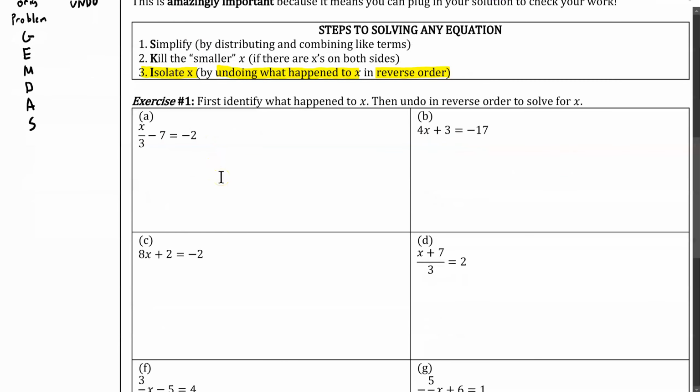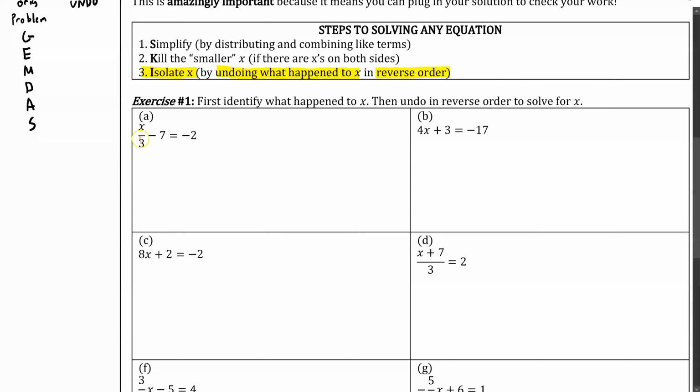So in exercise 1, first identify what happened to x, then undo in the reverse order to solve for x. So if we're following GEMDAS, do we have any grouping symbols? No. Exponents? No. Multiplication or division? Yes. We have division.